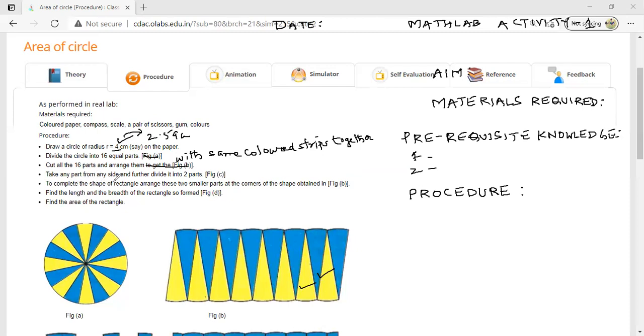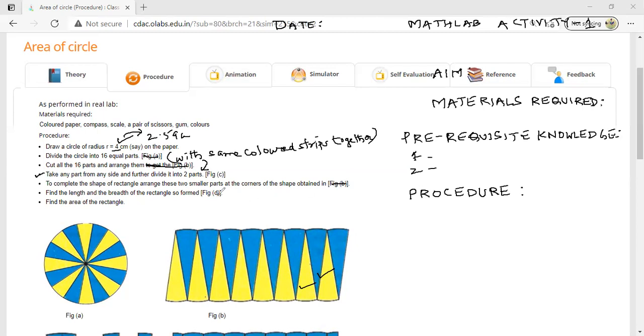Then take any part from any side and further divide it into two parts. After this, cut all. But after this, this line will be added with this one, not this one. Complete the shape and arrange them at the corners of the shape obtained. To complete the shape of rectangle, arrange the smaller parts like this.